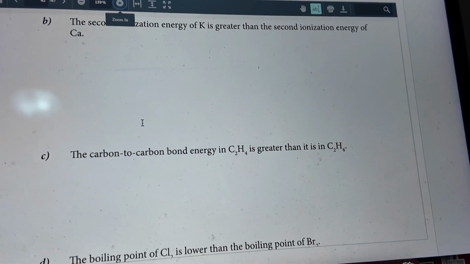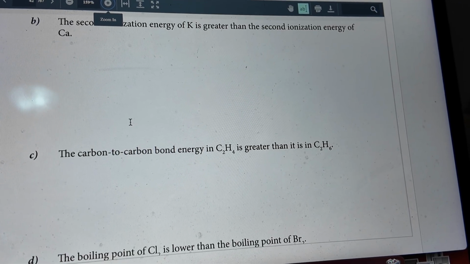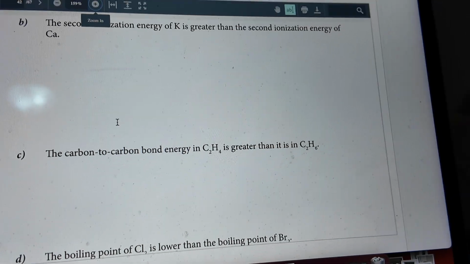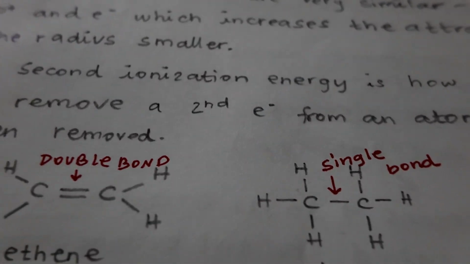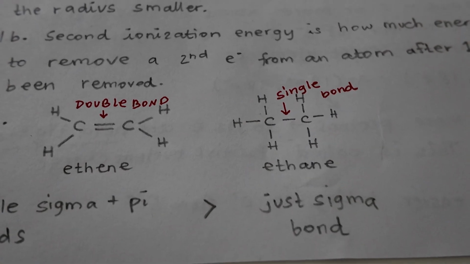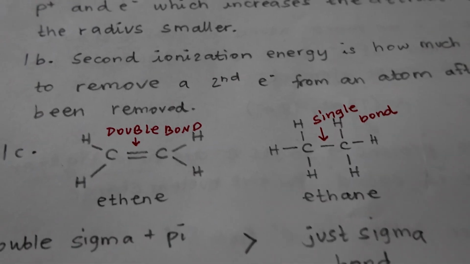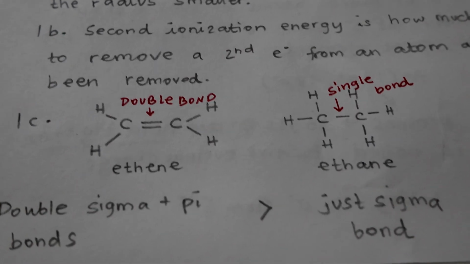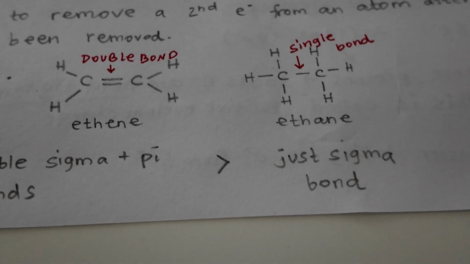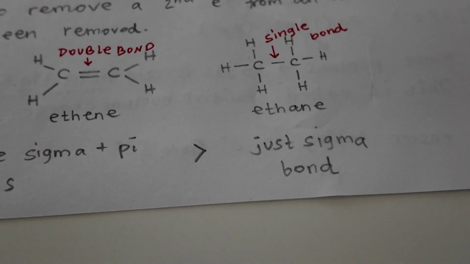Next question. The carbon-to-carbon bond energy in C2H4 is greater than C2H6. I drew C2H4 and C2H6, and so C2H4 has a double bond, right? And C2H6 has a single bond. When you have a single bond, you just have something called a sigma bond.